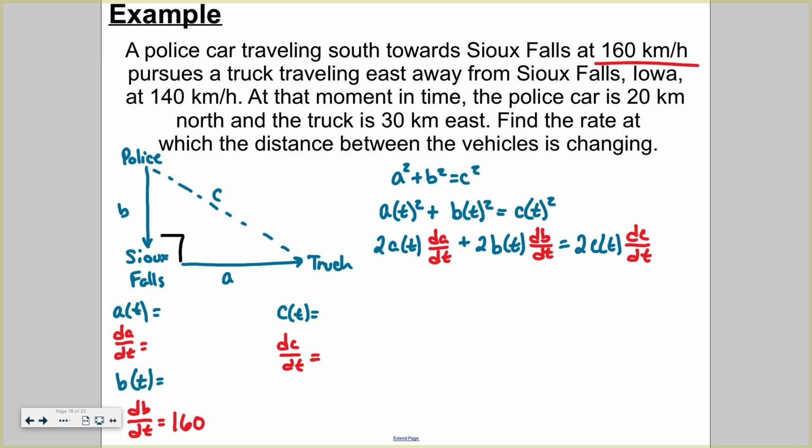We know that the truck is traveling at 140 kilometers per hour, which is A, so dA dt is going to be 140. At this particular moment in time, we know the police car is 20 kilometers north, and the truck is 30 kilometers east. And our overall goal is to figure out how the distance between them is changing, or dc dt. So the only thing we need to figure out now is our c of t value.